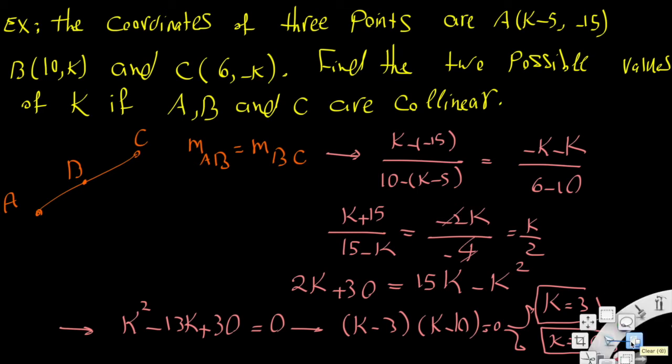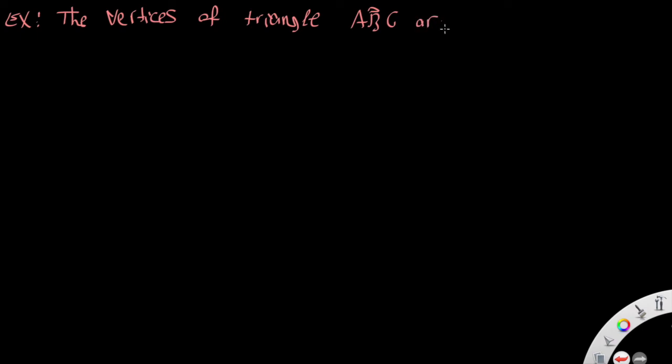Now let's see one more example here. The vertices of triangle ABC are A with coordinates 11, 3, then B with coordinates 2k and k, C with coordinates -1, -11.